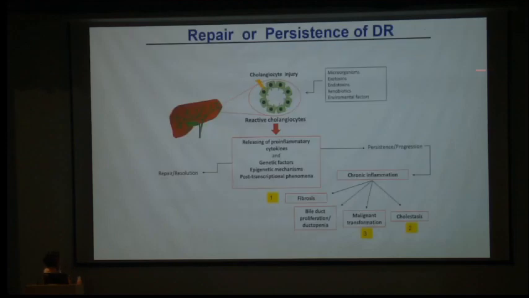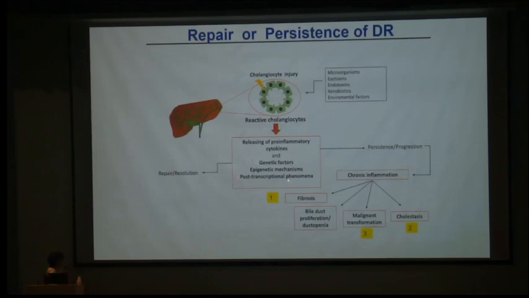Generally, whenever there is a reactive cholangiocyte secreting pro-inflammatory cytokines, it has the ability to repair or resolve. But there is a background of host genetic factors, epigenetic mechanisms, and post-transcriptional phenomena.